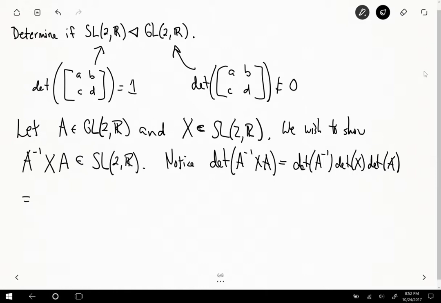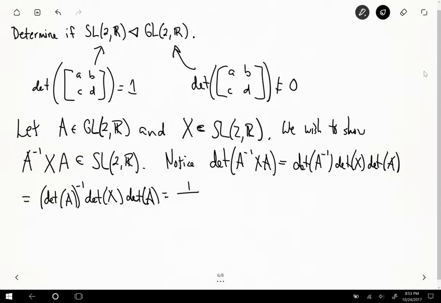And that equals, well, the determinant of A inverse is determinant of A to the negative 1, or 1 over the determinant of A. Determinant of X we'll just leave as determinant of X for right now. Determinant of A right here, and we can commute these things because these are all real numbers when it comes to our determinant.